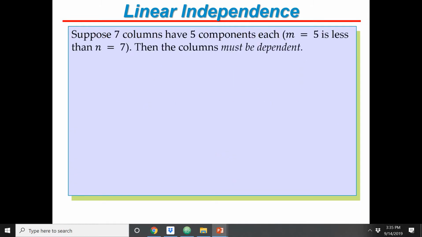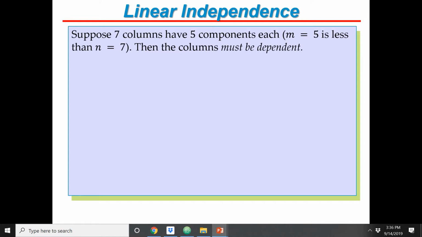Now, let me just mention something that you will often come across. We always play with matrices m by n. So if I give you a matrix that has m equal to 5 and n equal to 7, you know by things we have done with evaluation of the null space that the rank of that matrix is at most equal to m, in this case 5, and we have at least 7 minus 5 free vectors. So the solution to the null space problem includes vectors beyond the zero vector.